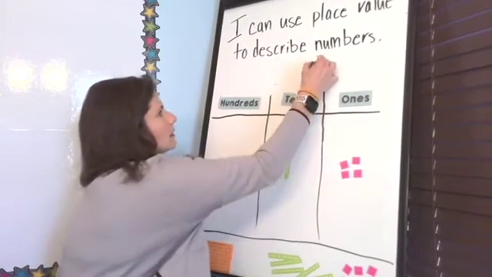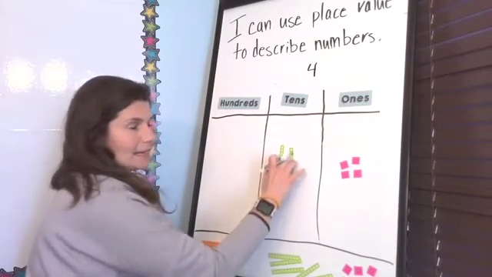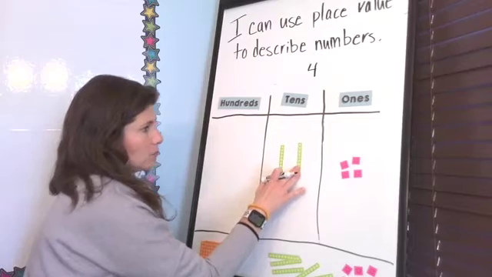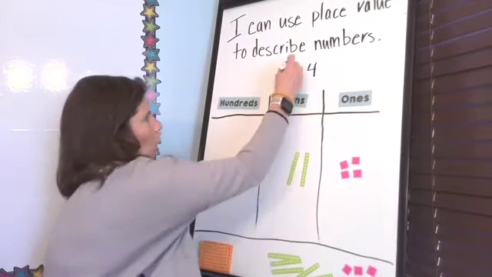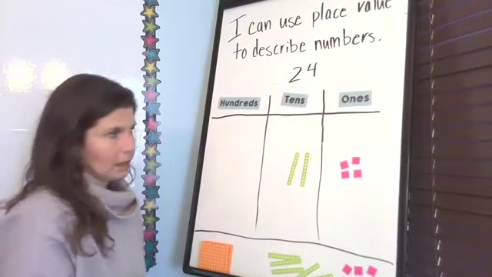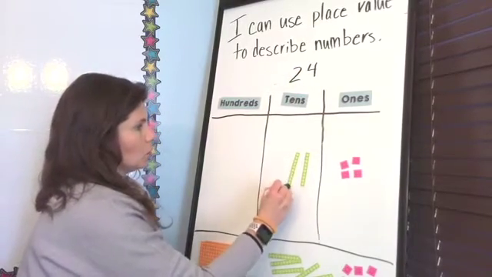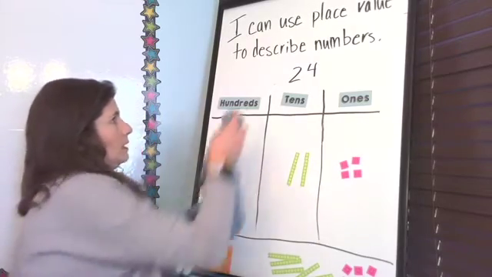I'm going to write the number 4 and then count the tens. So I'm not going to count each individually. I'm just going to count how many are here. There's 1, 2 longs. 2 longs is 2. So 2, 4, 24. Right?